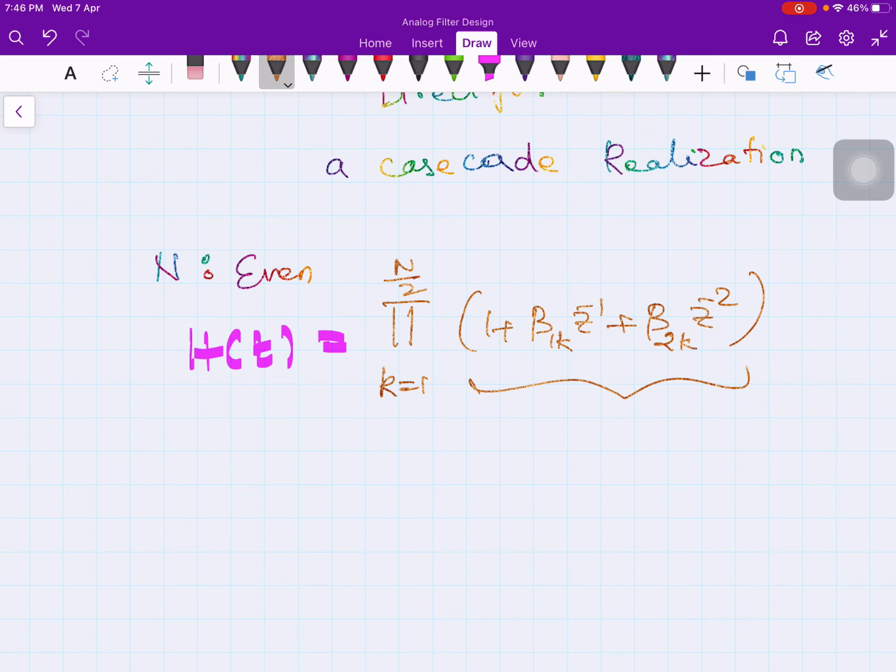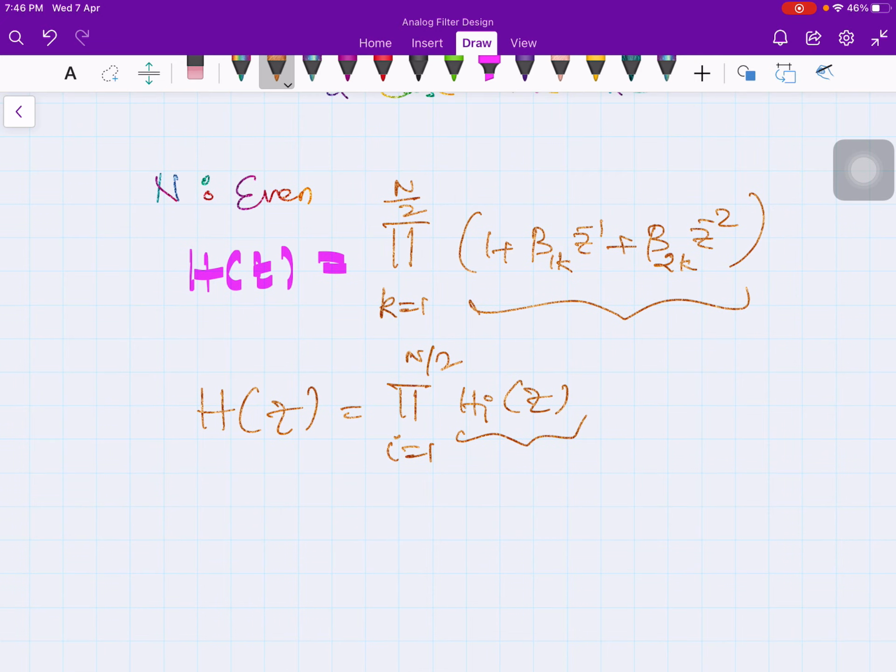And obviously in implementation, I told you, if there exists one synthesis solution, then there are indefinite number of solutions. In implementation of cascade, you write H of z as the continued product of H i of z, where i equals 1 to capital N by 2, where H i of z is no more complicated than a quadratic. It is either a linear term or a quadratic term.